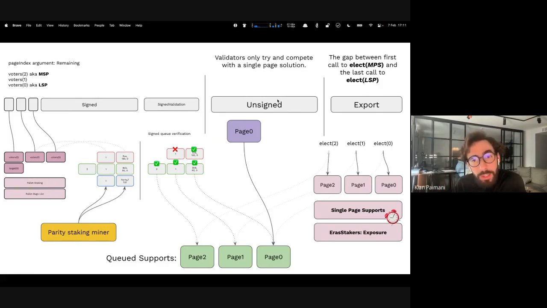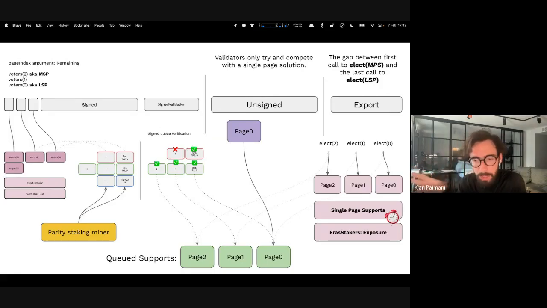Moving on, the unsigned solutions, for now, for the sake of simplicity, will only compete by submitting a single page solution. The reason for that is a little bit beyond the scope of this talk, or I can get into it if someone asks. But the main reason is that we cannot verify an unsigned solution from validators over multiple blocks.